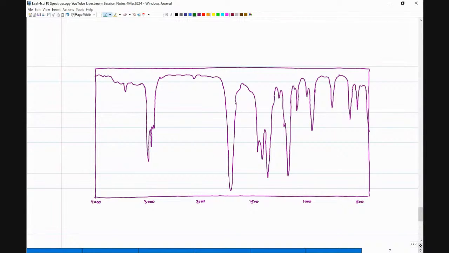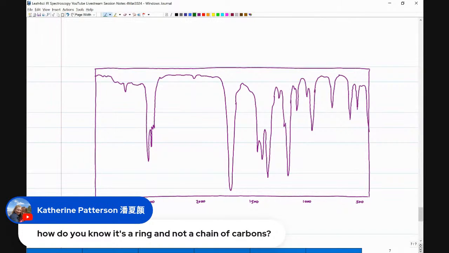Okay, let's do Q&A while everyone's thinking about it. Question: how do you know it's a ring and not a chain of carbons? That is a very good question. And the answer is, at the level that we are studying IR, you don't. Some students at the very advanced spectroscopy level will have to learn that, but 99% of my undergraduate organic chemistry students do not need to know that.